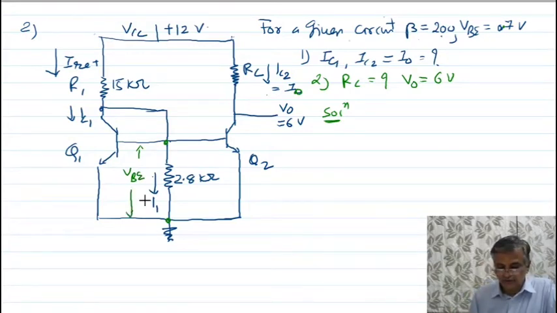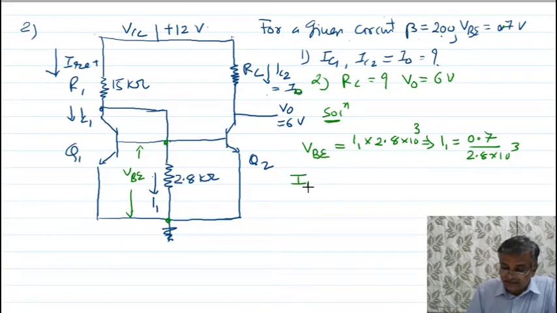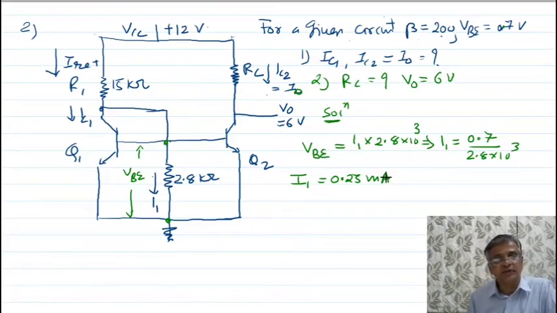So clearly you can say here VB is nothing but I1 into 2.8 kilo ohm. So from this I can write I1 is equal to 0.7 upon 2.8 into 10^3. If you calculate this, you will get nearly about 0.25 milliampere.